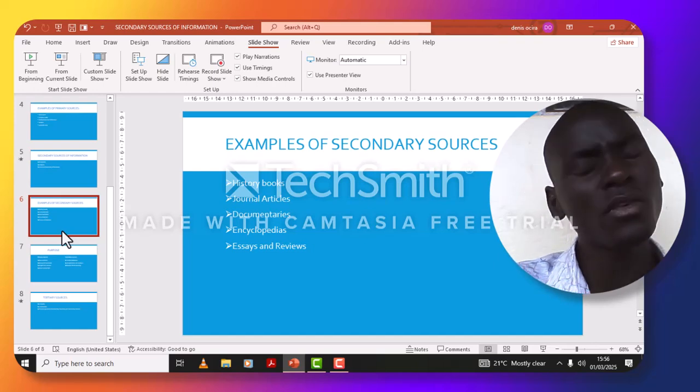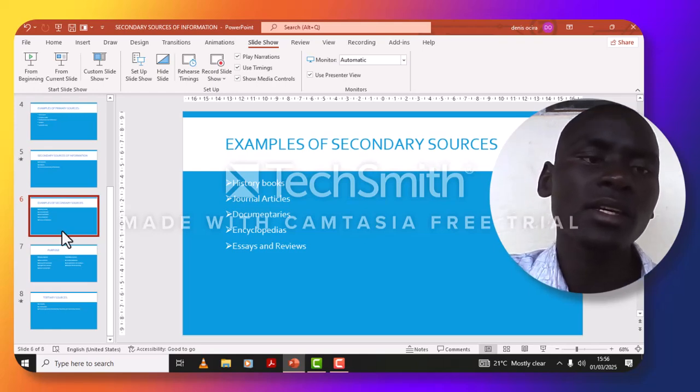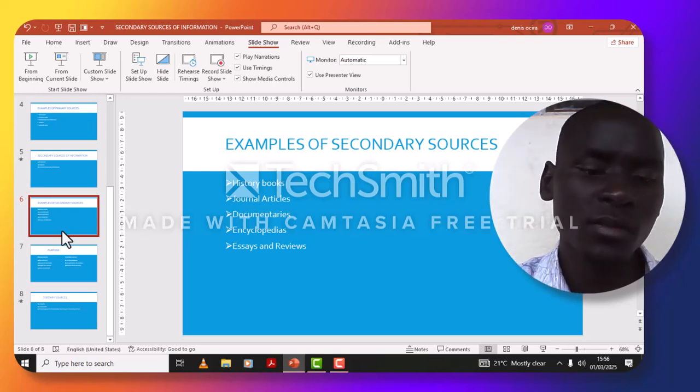Those are the movies or books that interpret the content of a work. That is what we call a secondary source of information.